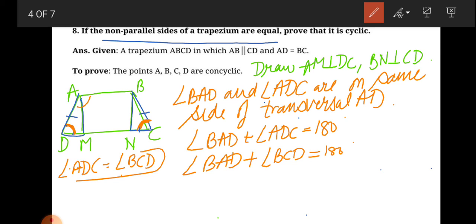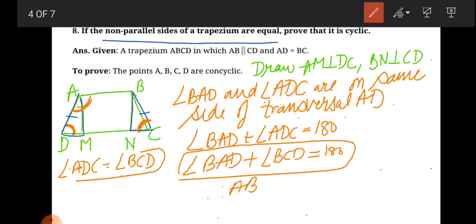So this equation shows that opposite angles are supplementary. Therefore ABCD is a cyclic quadrilateral.